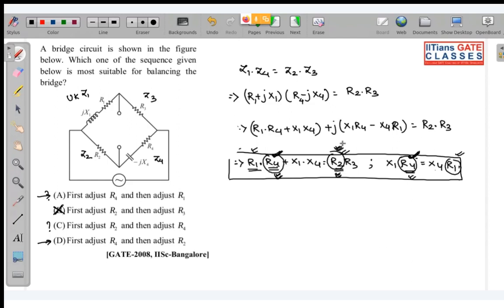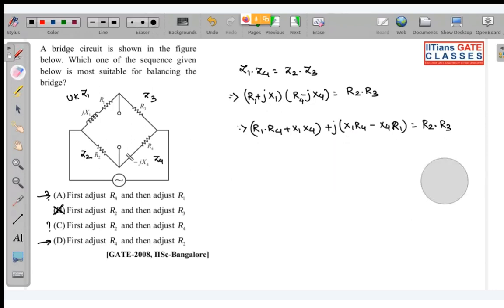See, is it clear? Shishir, is it clear to you? Yes, sir. I don't think it's clear yet. See, once again, let me make this thing proper. R1, R4. It's okay.